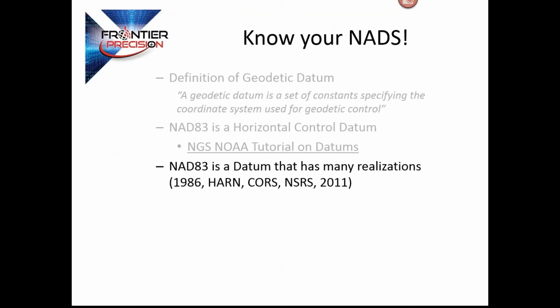And it's important to understand that because you'll see as this demonstration goes on, if I'm operating on NAD83 CORS 96 versus NAD83 2011, and I have settings set up improperly, and I have a centimeter device, you'll see that you're not going to be anywhere near a centimeter. So to say that you're on NAD83, hopefully after this webinar, you'll learn not to ever say that again. You're NAD83 something, and you should know what that is.